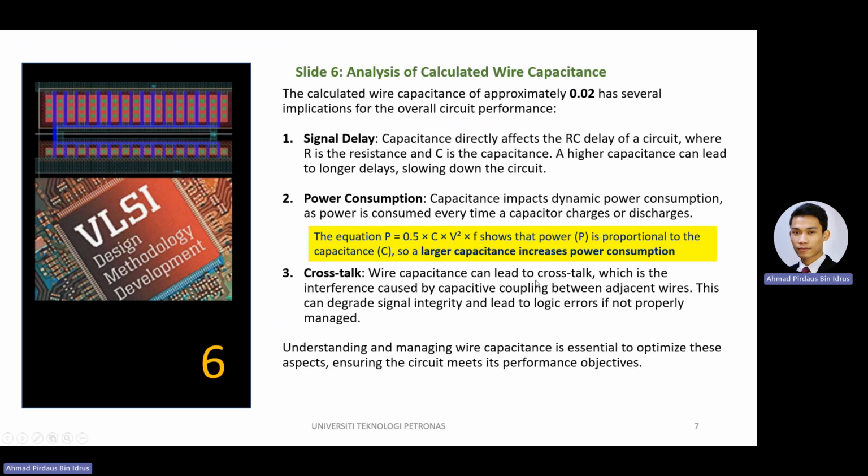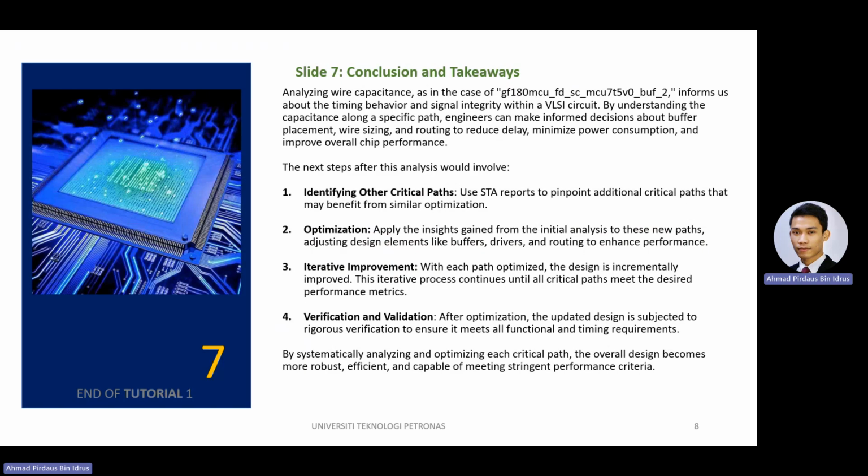Higher capacitance can lead to crosstalk, which is the interference caused by capacitive coupling between adjacent wires. This can degrade the signal integrity and lead to logic errors if not properly managed. Understanding and managing the wire capacitance is essential to optimize this aspect, ensuring the circuit meets its desired performance requirements.